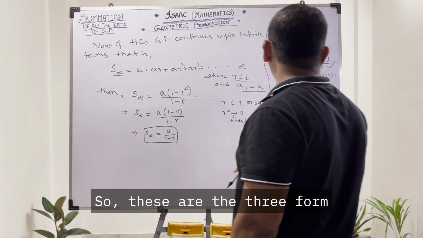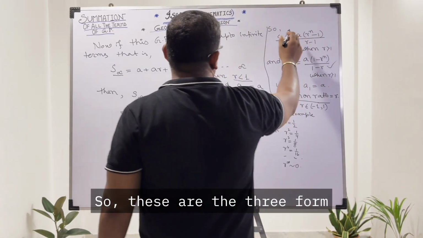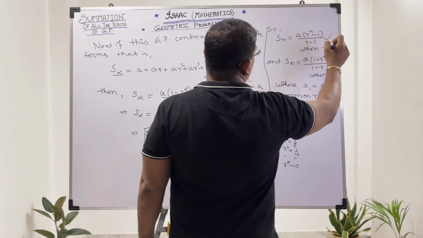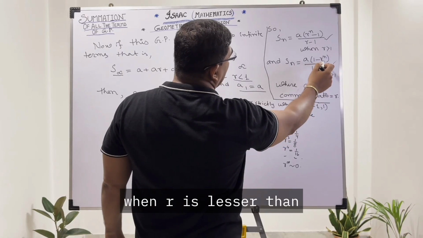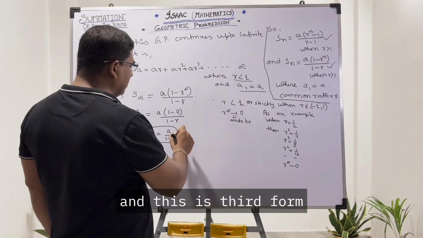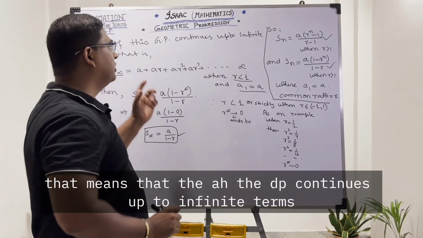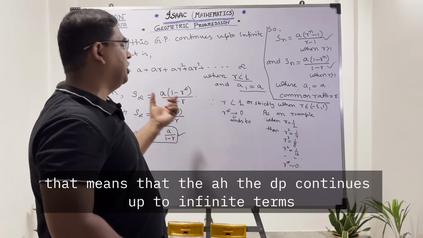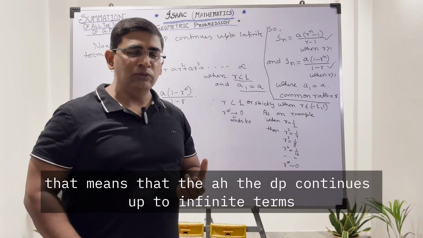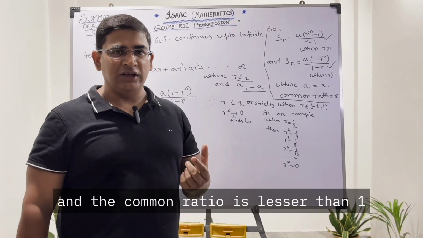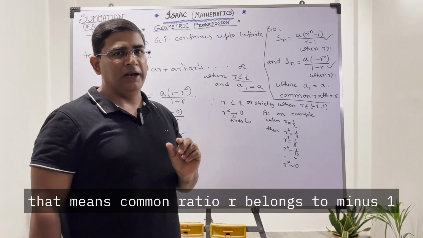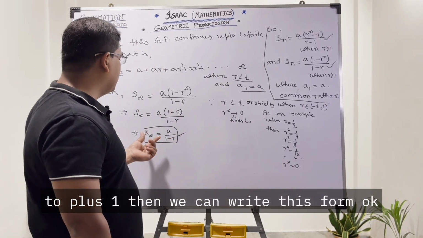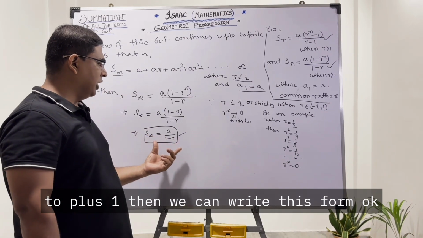Okay, so these are the three forms. This is the first form when r is greater than 1, this is the second form when r is lesser than 1, and this is the third form. That means the GP continues up to infinite terms and the common ratio is lesser than 1, that means common ratio r belongs to -1 to +1. Then we can write this form. Okay.